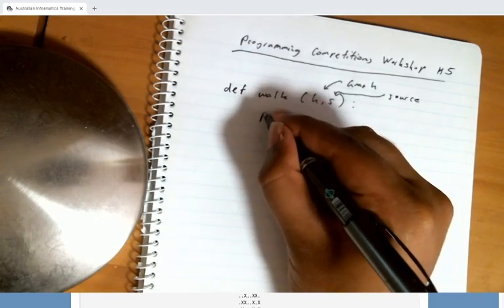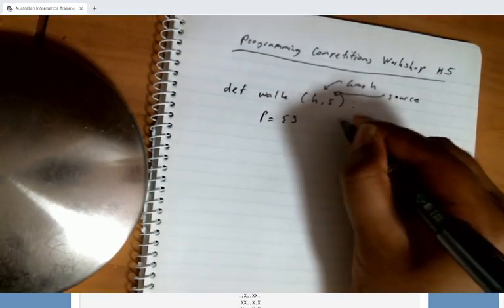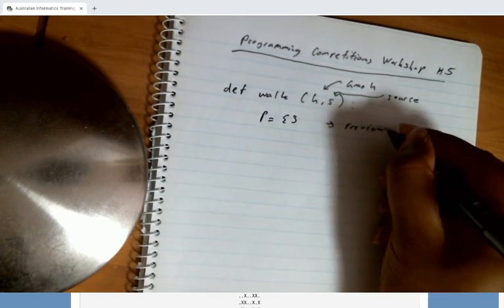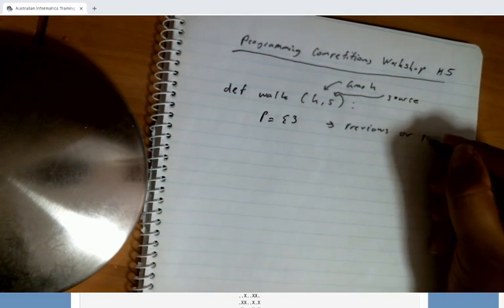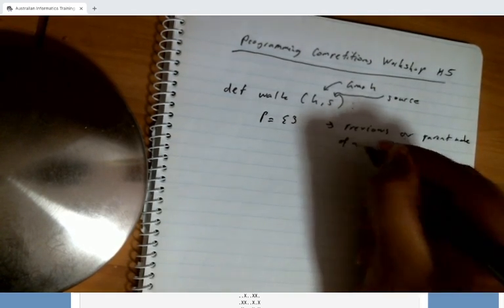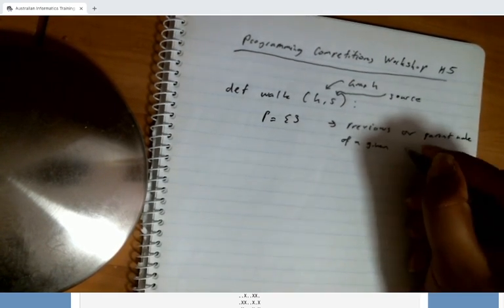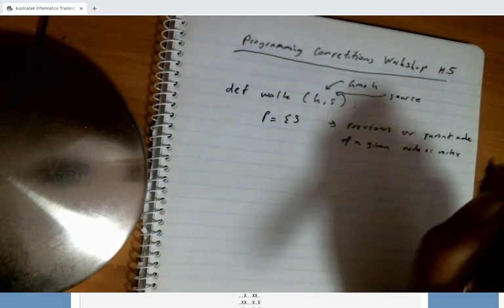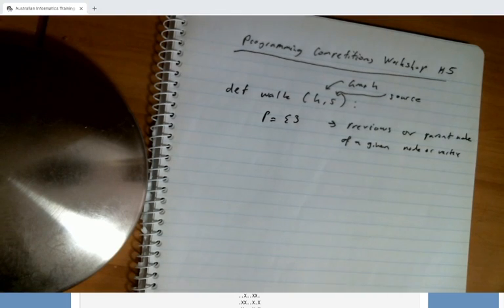One is called P, which stores the previous or parent node of a given node or vertex. So essentially where it came from in the traversal.